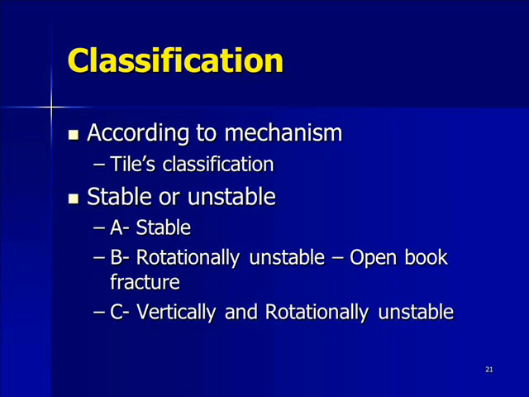And C, which is the most serious, you have got both rotatory and vertical instability, that is displacement of one side of the pelvis vertically, as well as an injury to the pelvic ring. These are best shown in the diagram shown here.